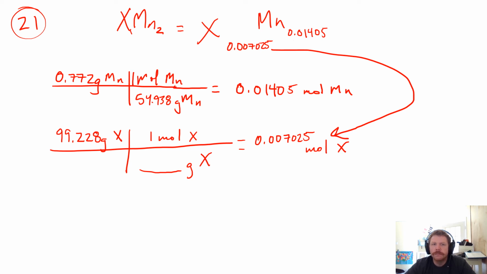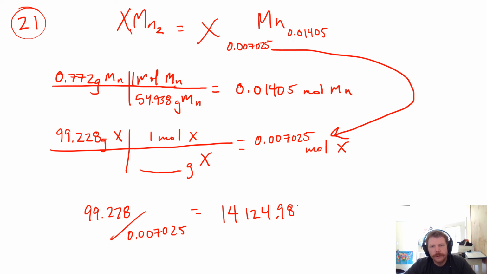So my 99.228, I'm going to divide that by 0.007025. 99.228 divided by 0.007025 equals 14124.98221.